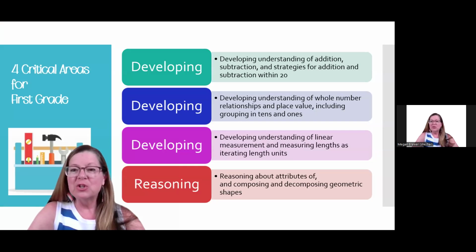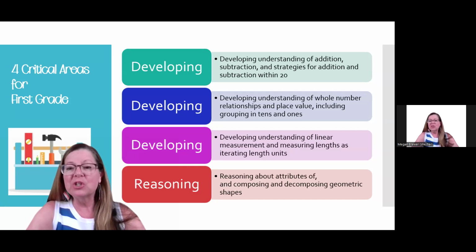In grade 1, instructional time should focus on 4 critical areas: developing understanding of addition, subtraction, and strategies for addition and subtraction within 20; developing understanding of whole number relationships and place value, including grouping in tens and ones; developing understanding of linear measurement and measuring lengths as iterating length units; and reasoning about attributes of, and composing and decomposing, geometric shapes.